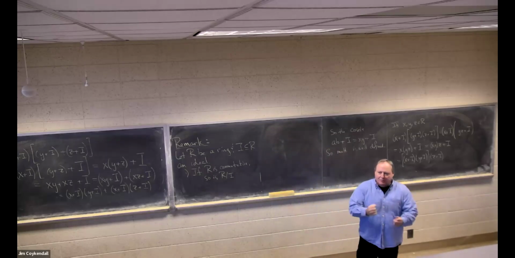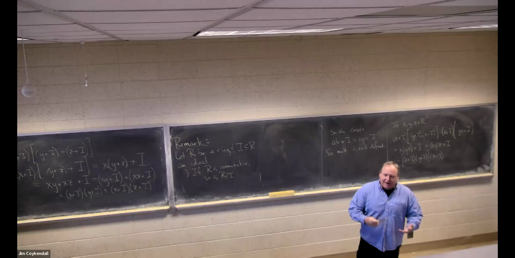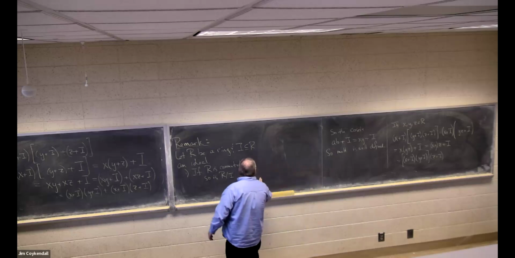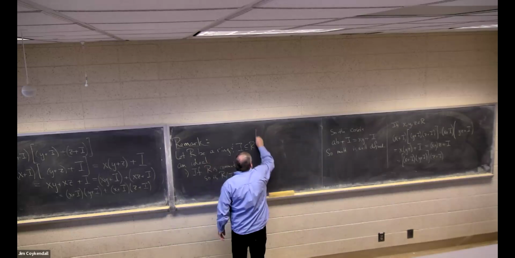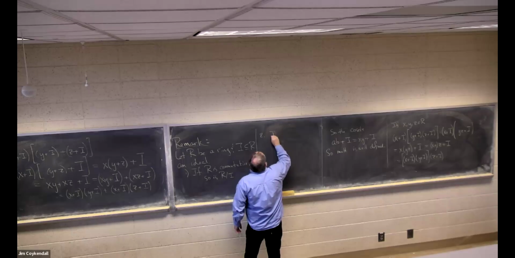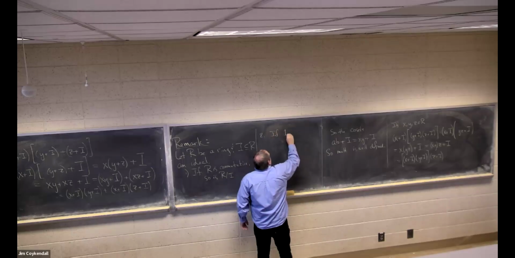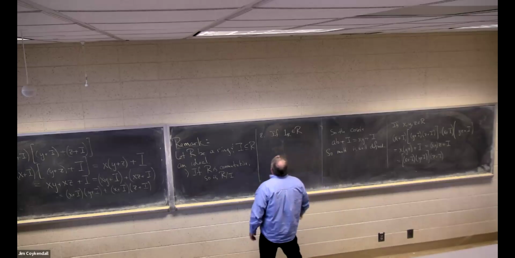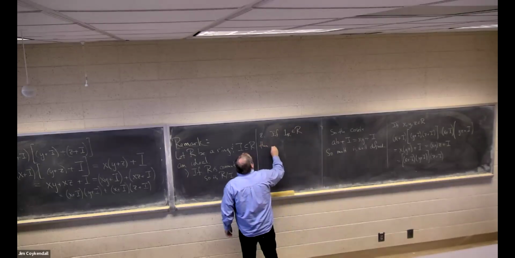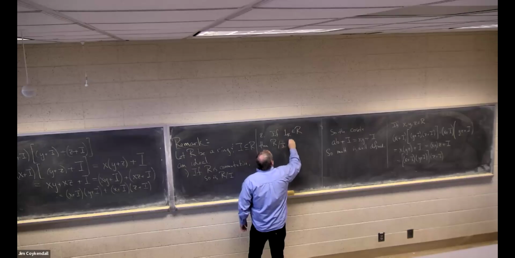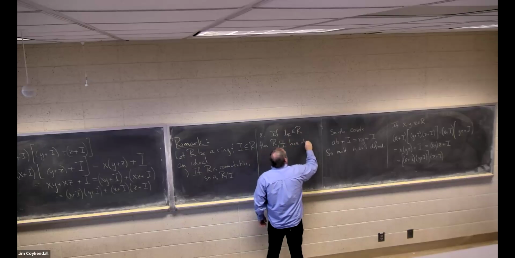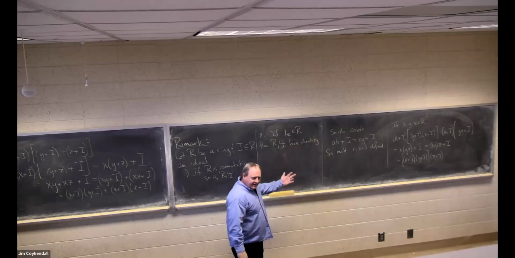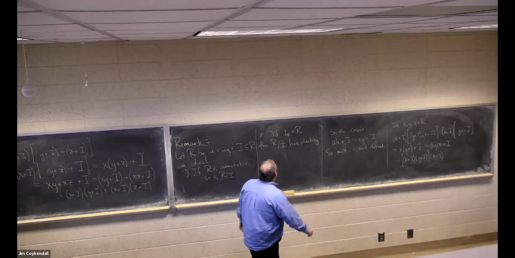Because the definition just comes from the multiplication in the original ring. If that commutes, this does too. And two, if R has an identity, then R mod I has an identity. Can anybody tell me what the identity has to be?